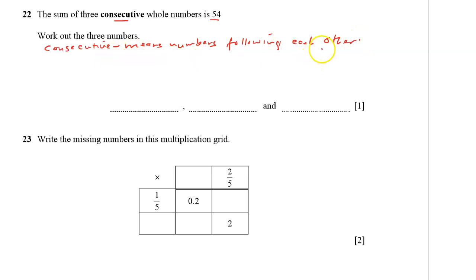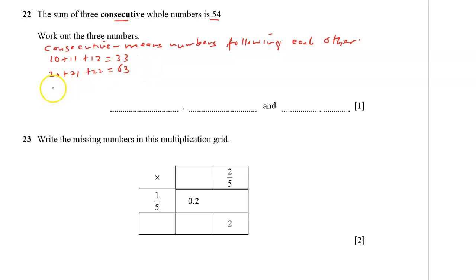Of course, you can try this by looking at 3 consecutive numbers like 10. Of course, the target is 54. So if you take 10 plus 11 plus 12, this will give you 33. What about if you take 20? 20 plus 21 plus 22 will give you 63.